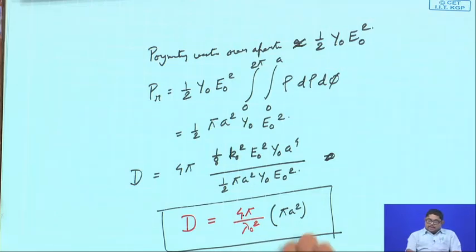So if you have a dish of 1 meter radius, then 4 pi square gives you roughly 40, and at 10 gigahertz, 3 centimeter means 0.03 into 0.03, which is 0.009, so I can say 0.01. That means 4000 is the directivity. A 1 meter radius can give you a directivity of 4000.